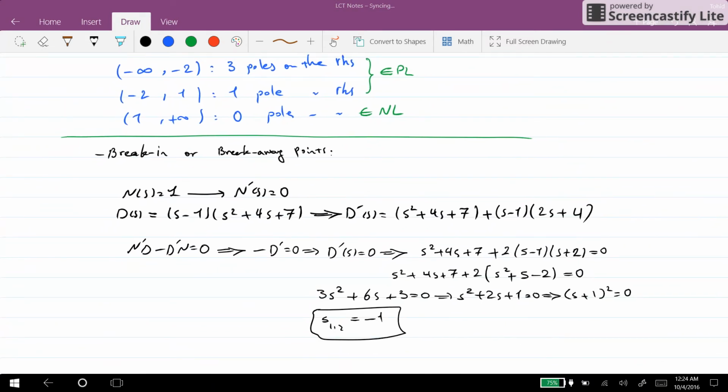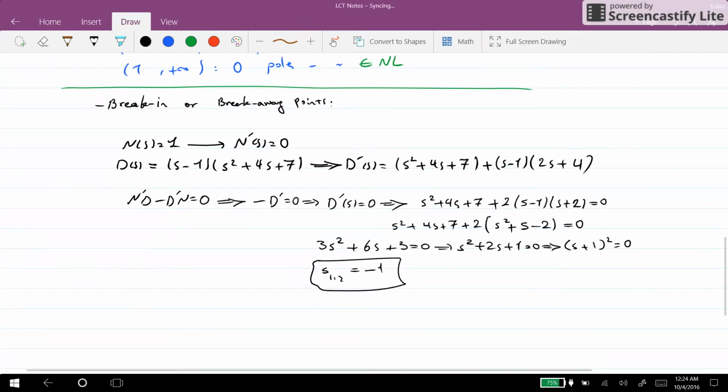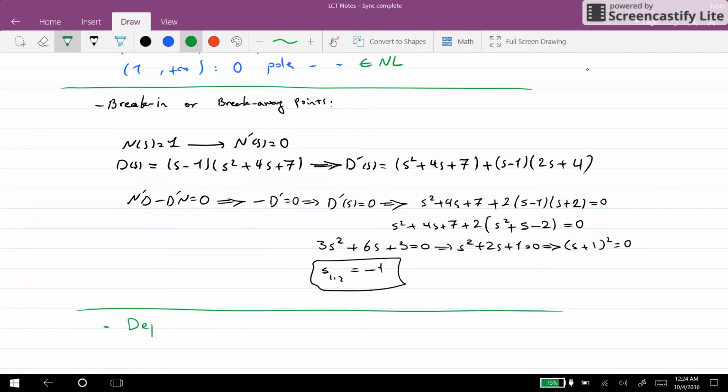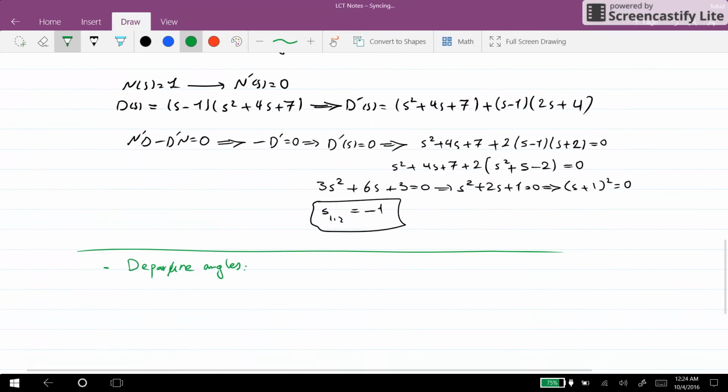So as the next step for this example, we can find out the departure angle from the poles. Departure angles.